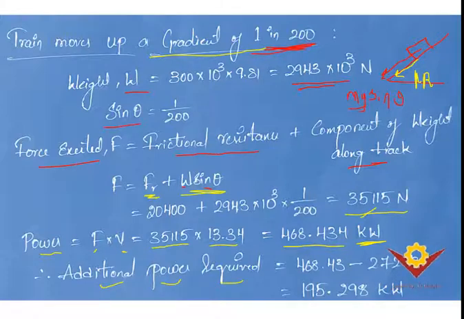See, this is the power when the train is moving on an inclined plane, and this is the power when the train is moving on a horizontal plane. So if you subtract the horizontal power from the inclined plane power, you are going to get 195.298 kilowatts, and this is the additional power we require when the train is moving on an inclined plane. Thank you.